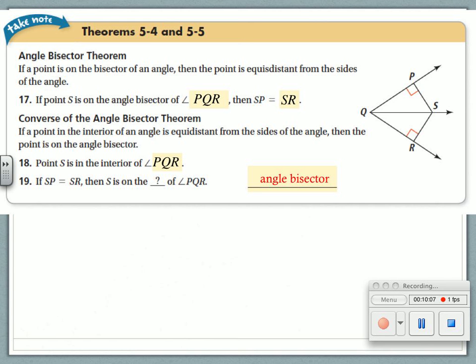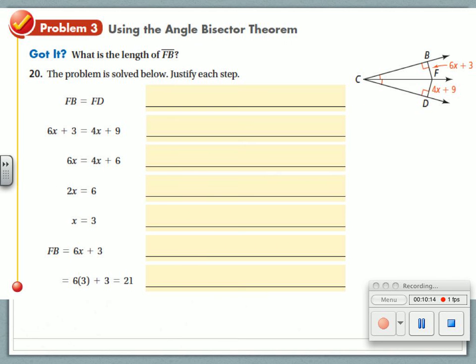So let's use the angle bisector theorem to solve a problem. We're going to justify our steps as we solve for x and solve for segment FB. FB is equal to FD, and that is the angle bisector theorem. So I can say 6x plus 3 equals 4x plus 9. That's the distance of those segments in this particular instance, and that's just substitution.